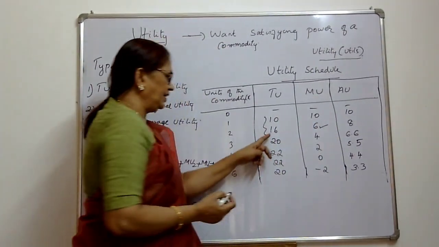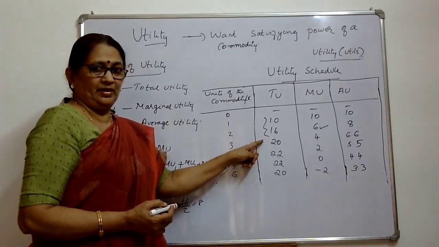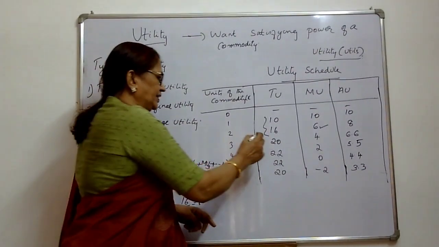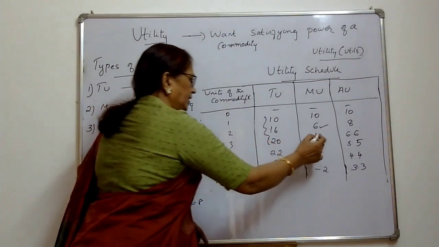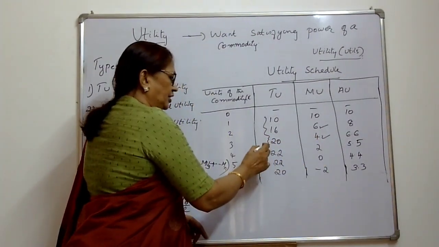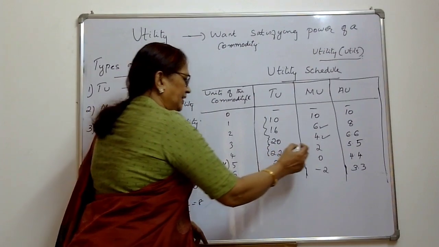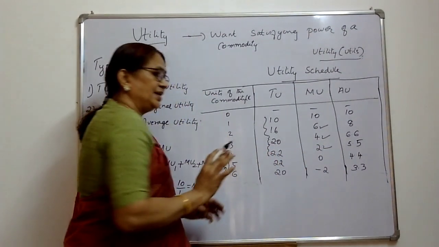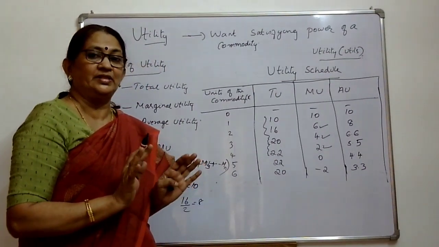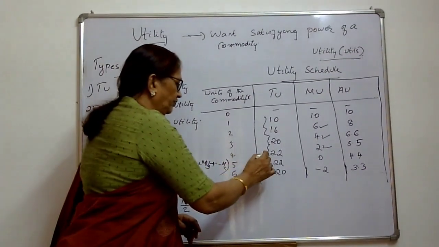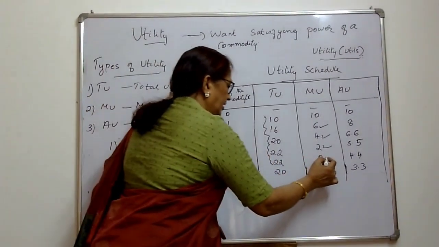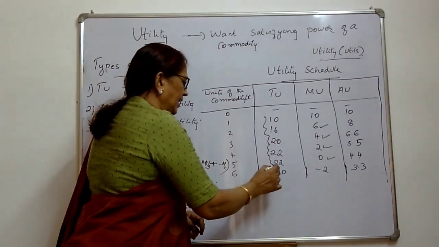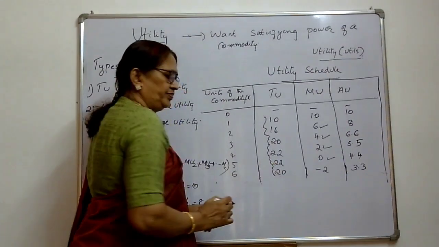6. Then third unit of consumption, 16 to 20. What is the extra gained here? 4. Then 20 to 22. What is extra gained? 2. 22 to 22. Is there any change? It remains constant. No change at all. Naturally, the marginal utility is 0. Now what happens to total utility? It declines to 20.